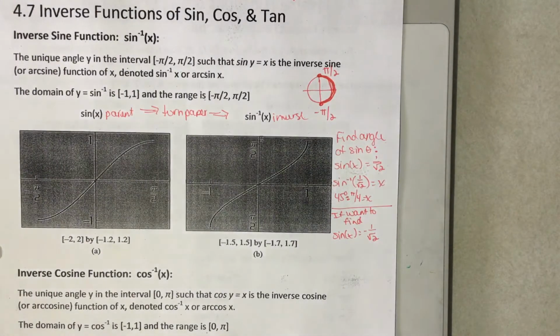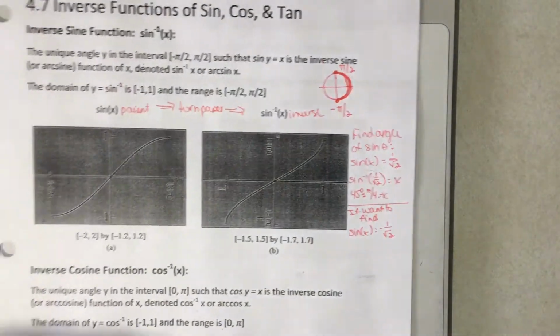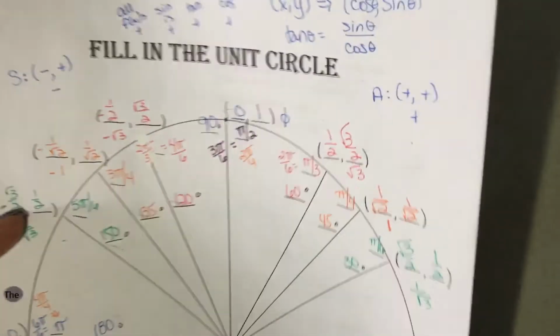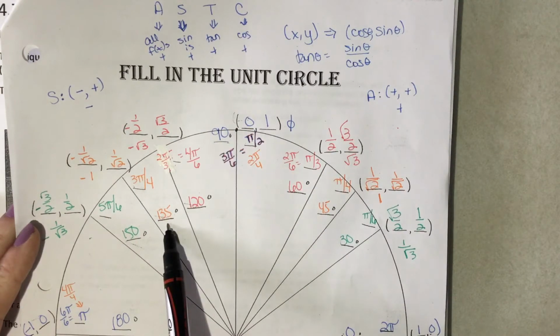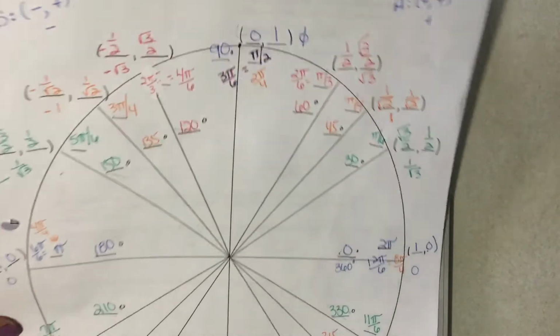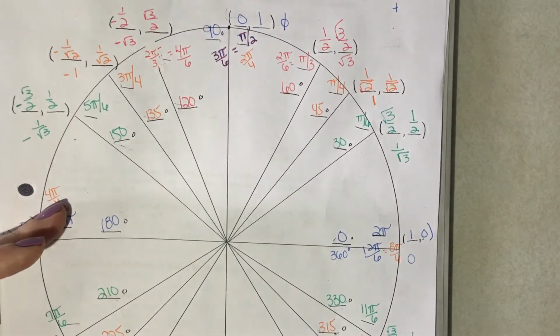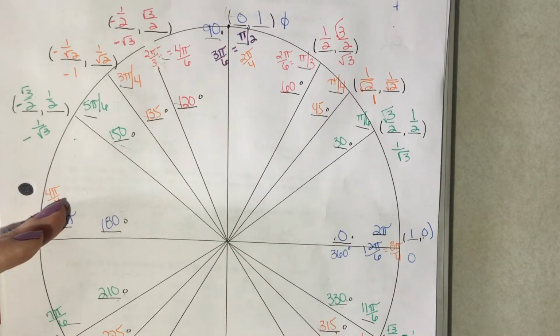And where is that? Okay, where is sine negative 1 over square root of 2? Here it is at 3 pi over 4, or 135. Nope, I lied. Down here at 5 pi over 4, or 225, or 315 and 7 pi over 4.